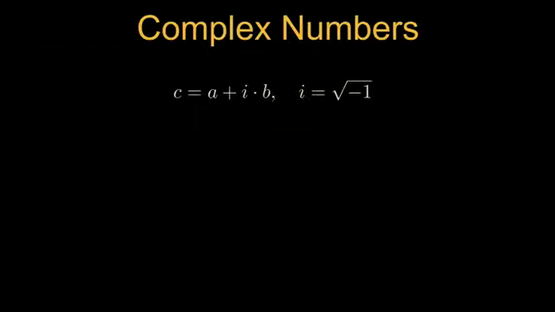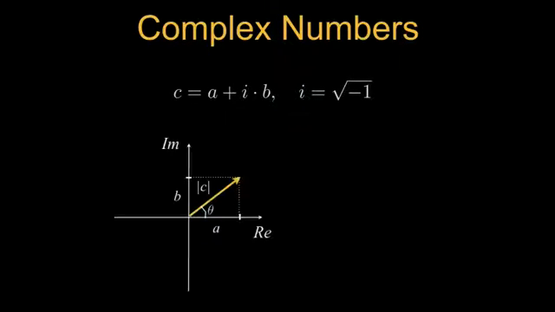Let me start with complex numbers. This is pretty standard. Everyone uses the same notation, i equal to the square root of -1. You can see that in the complex realm, each number c has components of real and imaginary parts. You can draw this on a 2D plane, and you've already looked at some of this in MRI because we're dealing with complex signals.